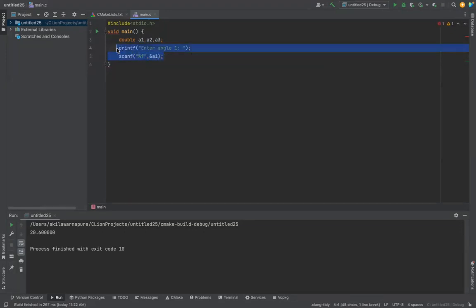Likewise, you can copy this and paste it for angle 2. Enter angle 2, and pass the variable A2. Then you can calculate angle 3. A3 is equal to 180, the total degrees, minus (angle 1 plus angle 2).